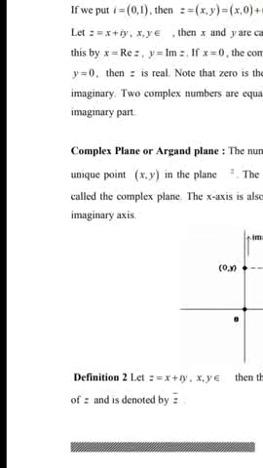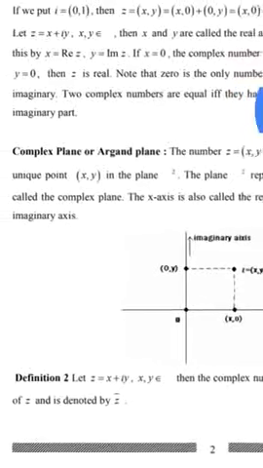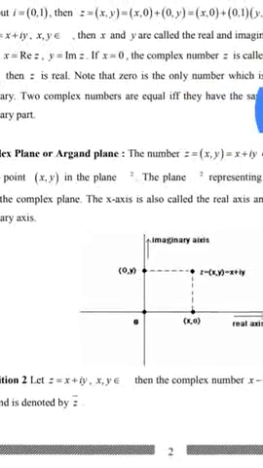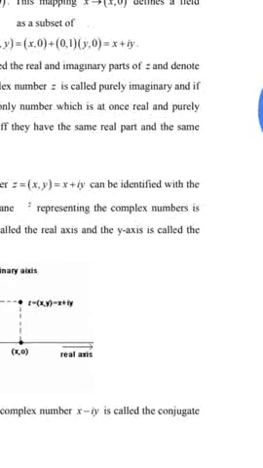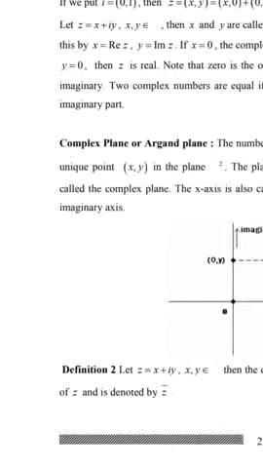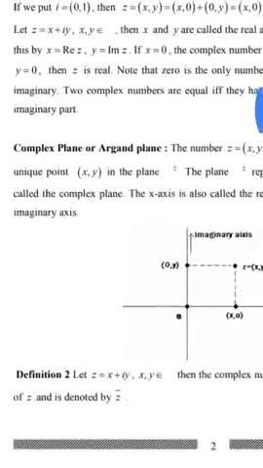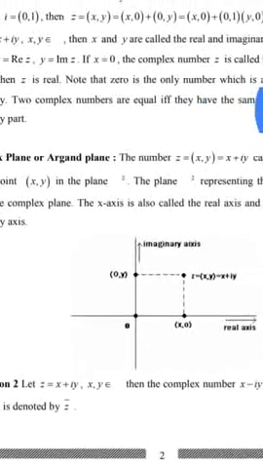Here x is equal to real part of z, and y is equal to imaginary part of z. If x is equal to 0, the complex number z is purely imaginary, and if y is equal to 0, the complex number z is purely real.